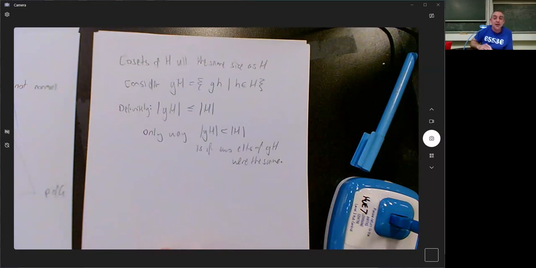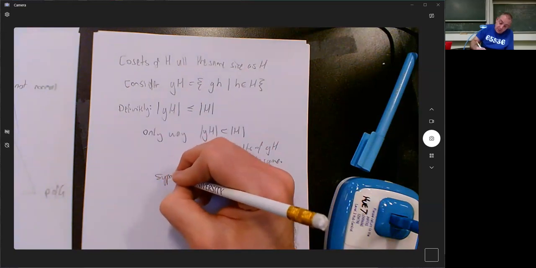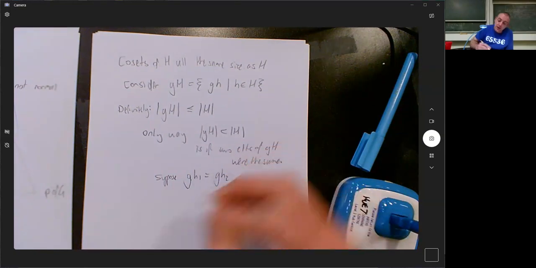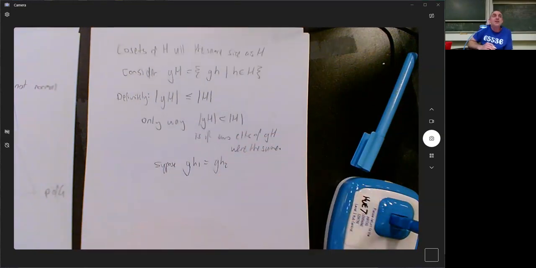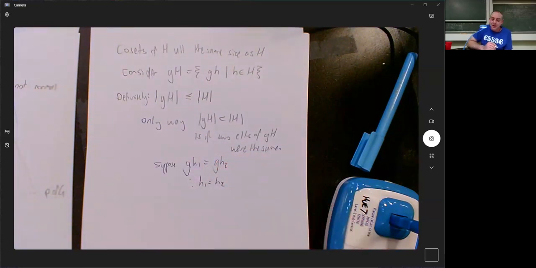Because if they're all different elements, it has to be the same size as H. And so let's just say, suppose g h1 was equal to g h2. Oh no, we had a cancellation law from that theorem earlier, and therefore h1 is equal to h2. And so actually they are not different elements at all. Yay, there's a one-to-one correspondence between elements of gH and elements of H. They are the same size.